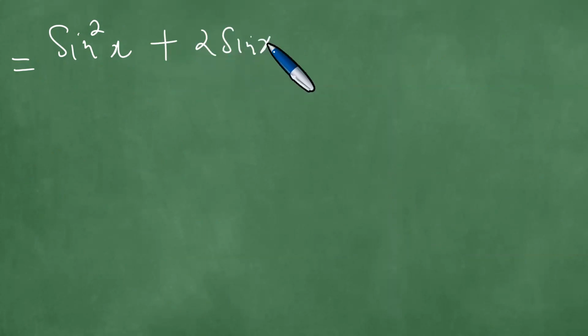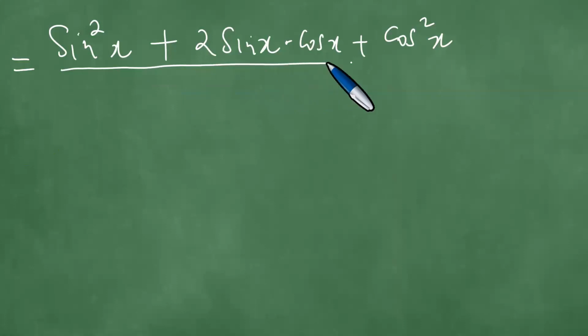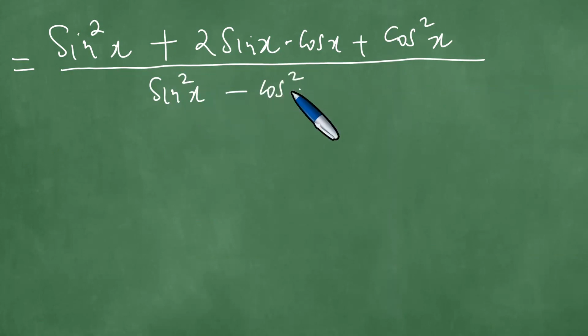So we have sine squared x plus twice sine x times cosine x plus cosine squared x, divided by sine squared x minus cosine squared x.